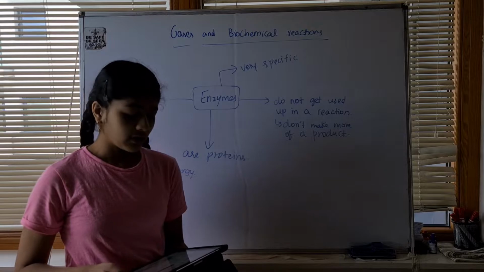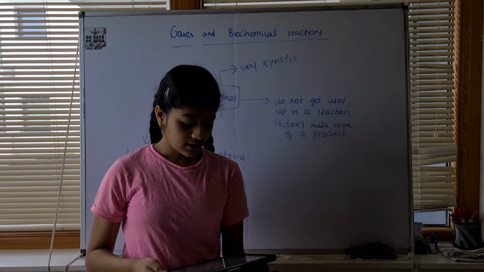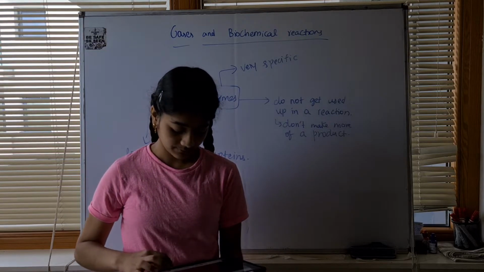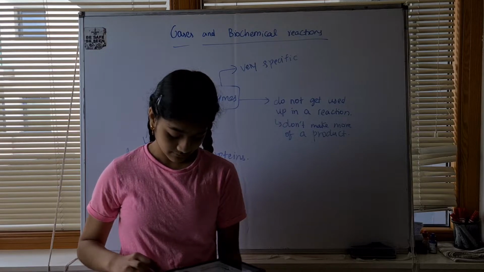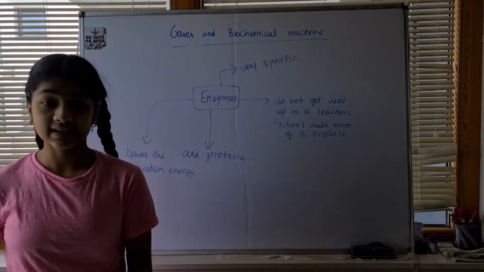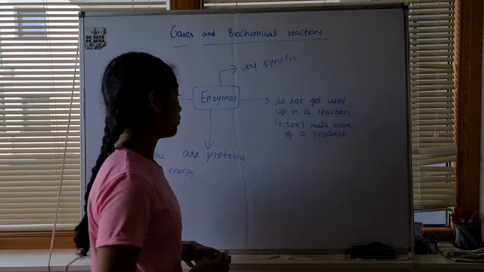In our bodies, hydrogen peroxide is often a product of biochemical reactions, and a buildup of hydrogen peroxide can be toxic for our body. So our bodies use an enzyme called catalase to break down hydrogen peroxide into oxygen and water.